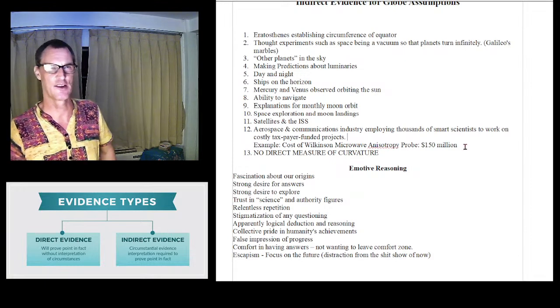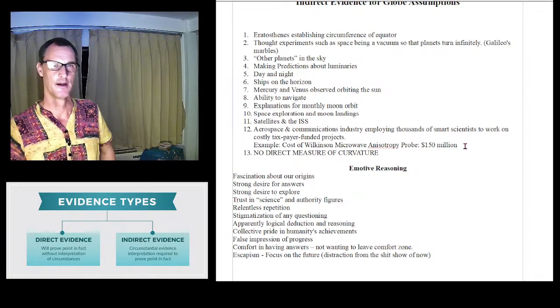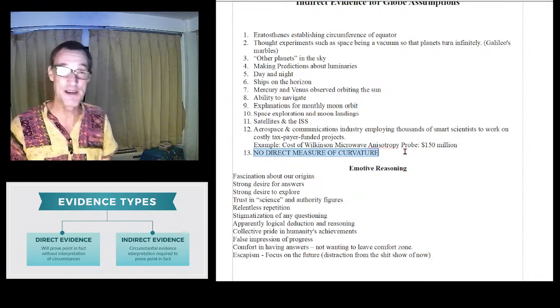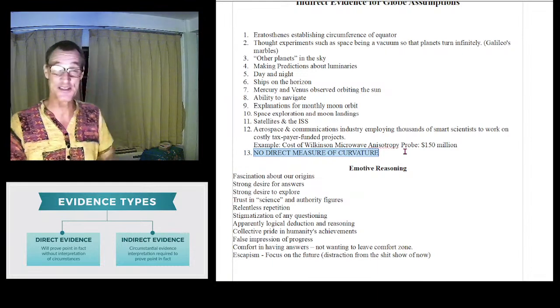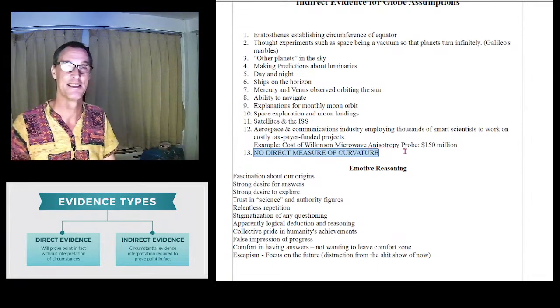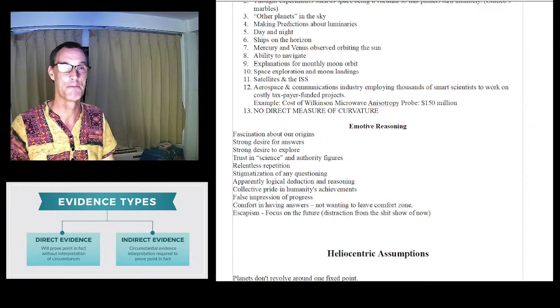It's probably actually not that much in terms of space industry ventures. But ultimately, number 13 is we'd have no direct measure of curvature, not one piece of circumstantial evidence or proof that we have actual curvature.